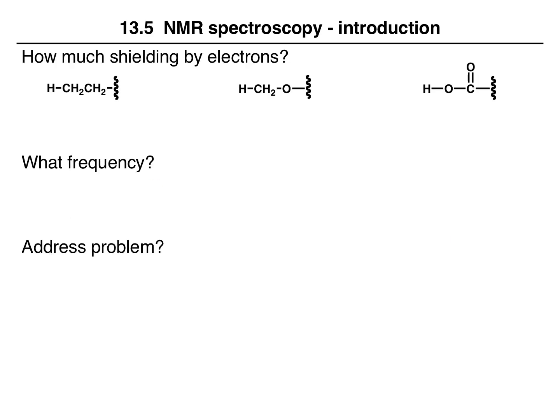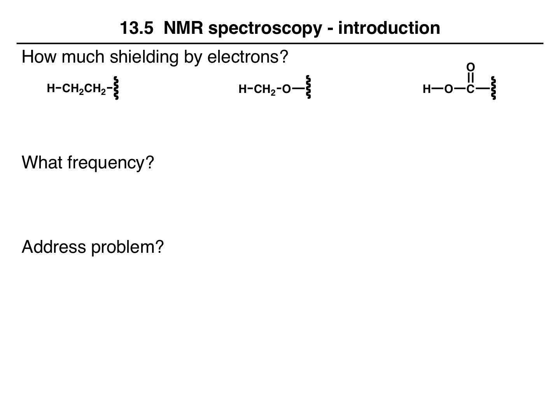So for NMR spectroscopy, we insert a sample into a magnetic field to impose an energy difference between the nuclear spin states. Then we apply radio waves and we monitor for absorption. Now, the differences in absorption are going to depend on the environment and how much of the applied field a particular set of hydrogens actually feels.